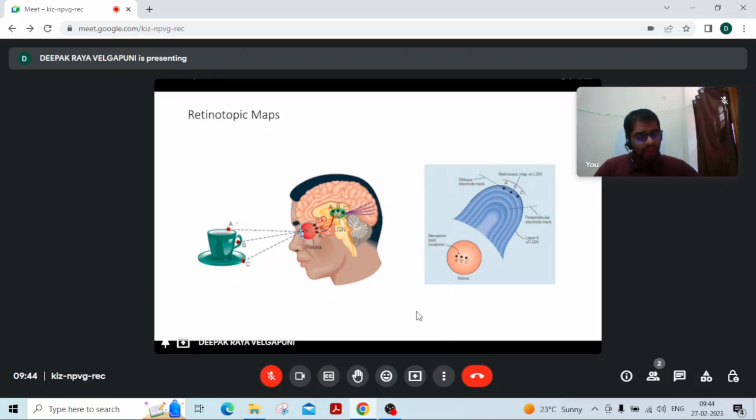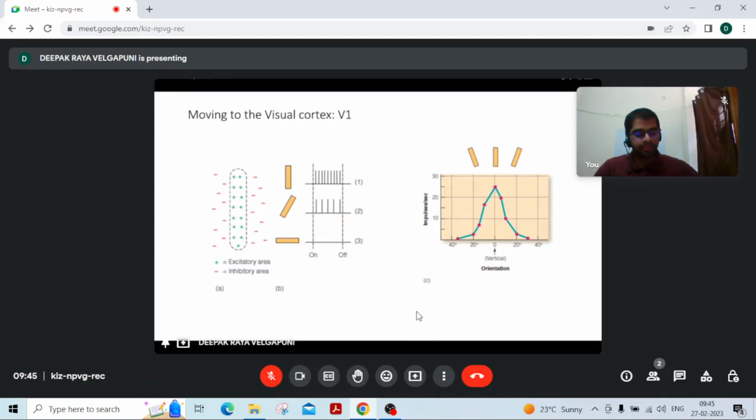So when you pass an electrode in one particular layer, let's say layer 6, you have 3 points corresponding to actual space on the retina. A corresponds to A prime, B to B prime, and C to C prime. Neighboring points are still neighboring in this layer of the LGN, and it is the same in other layers. This type of mapping is called retinotopic mapping.